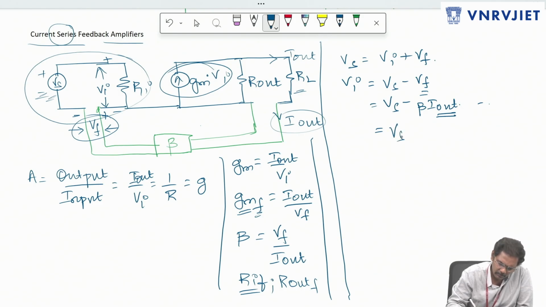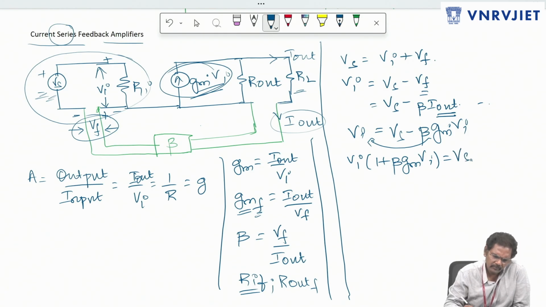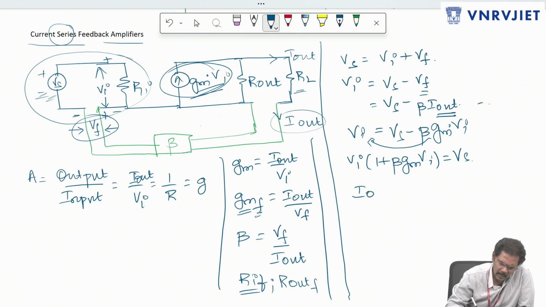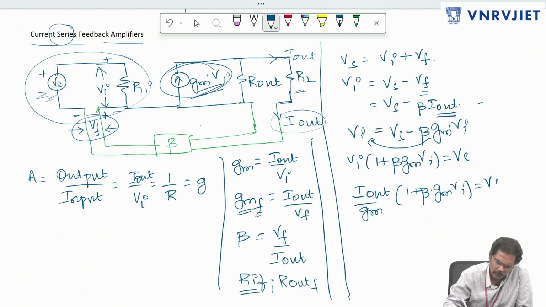So Vi equals Vs minus beta times Gm times Vi. Let me group the Vi terms: Vi times (1 plus beta Gm) is equal to Vs.